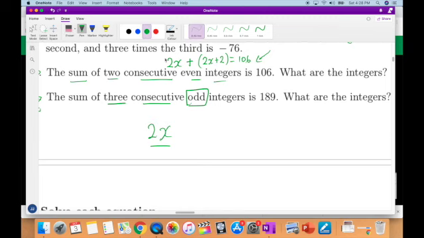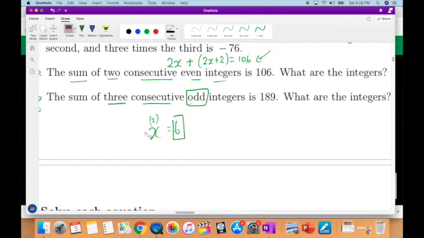If x is 3, then 2 threes are 6, so your answer is even. But if I have 3x as the first number, what if x is 2? 3 twos are 6. So this first number is not odd.